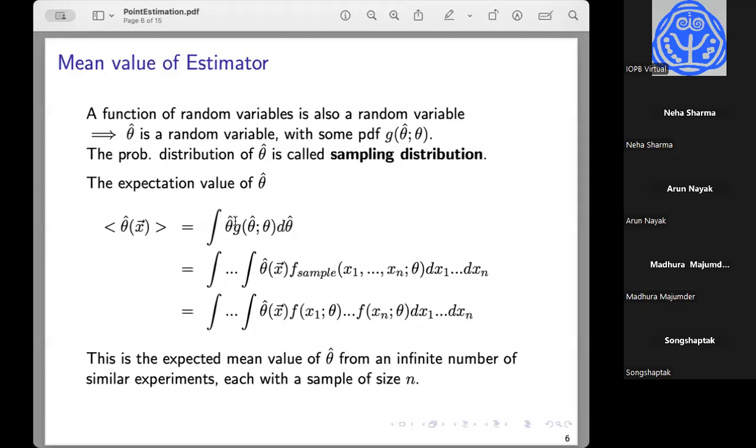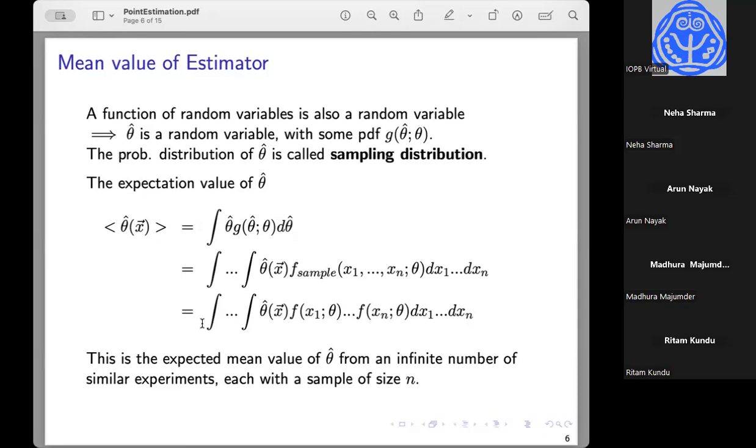Using that, we can rewrite this as the integration over the joint PDF of all these observations, given that this PDF depends on the parameter theta, times dx1 to dxn. This joint PDF we can expand further, which is just the product of individual PDFs. If we know this, or have some hypothesis for it, then the expectation value of theta hat would be computed this way.